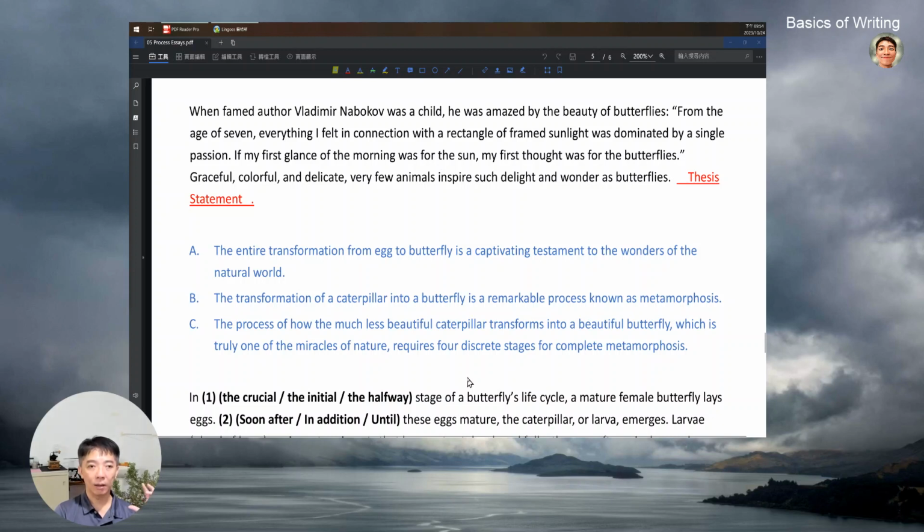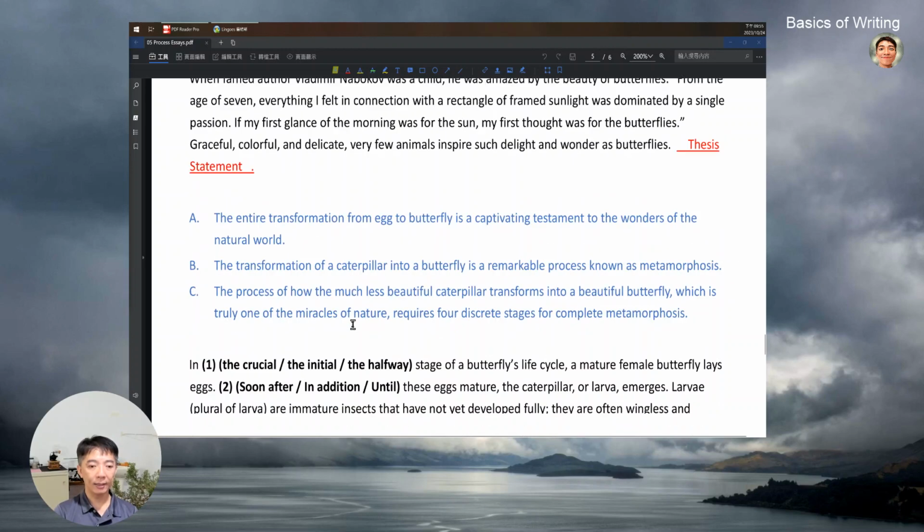Again, the first paragraph is the introduction. At the end of the introduction, you will see a thesis statement, and here it is missing. Again, I want you to choose a thesis statement. Remember, we talked about what makes a good thesis statement. So try to use a good thesis statement to state your overarching idea. That means it's broad, the big picture of the whole essay.